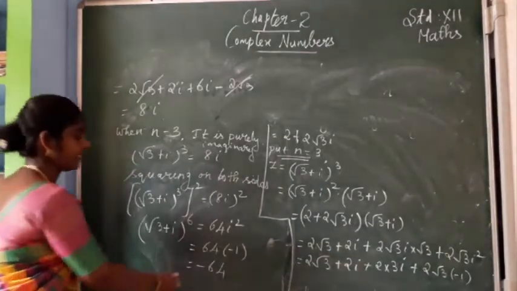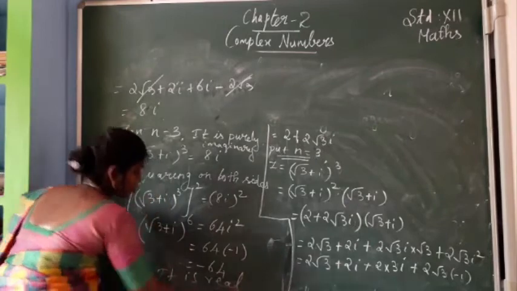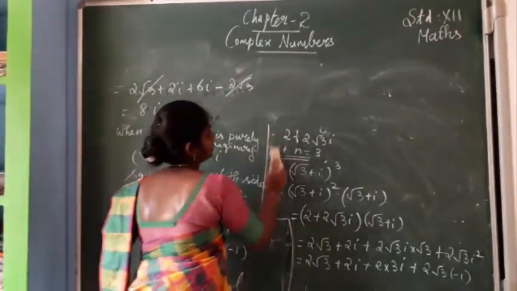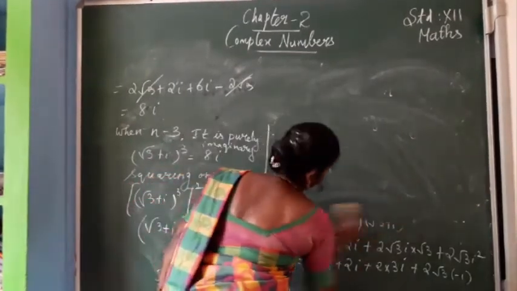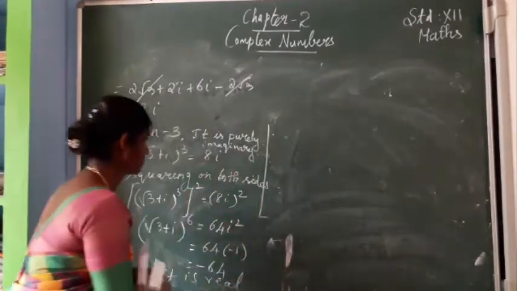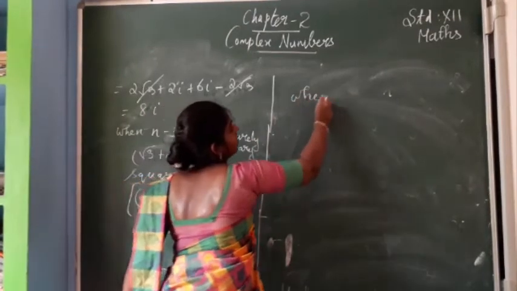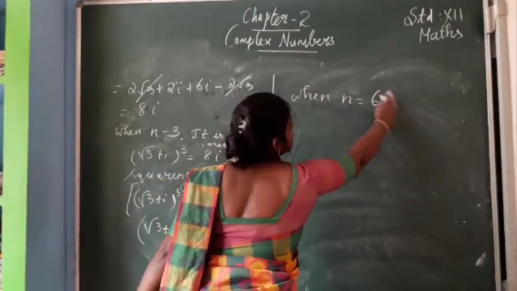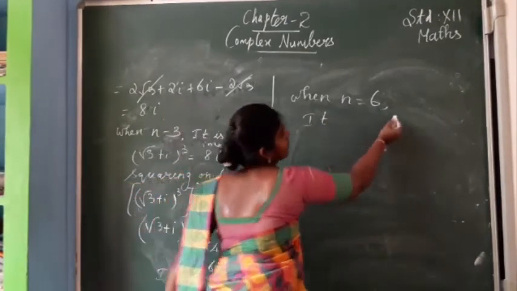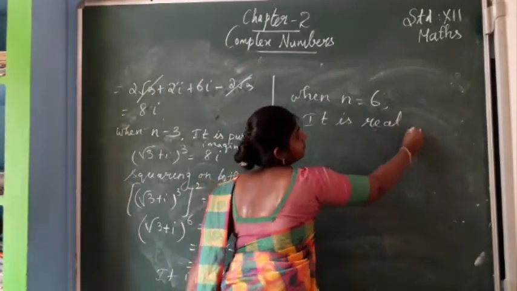So it is purely real. So when n equal to 6, it is real.